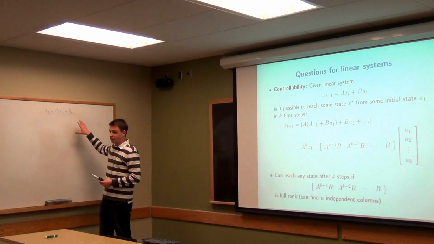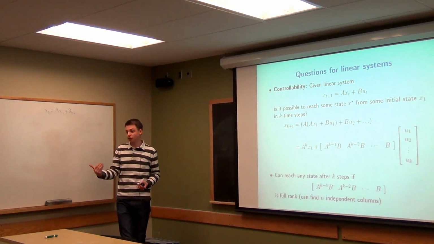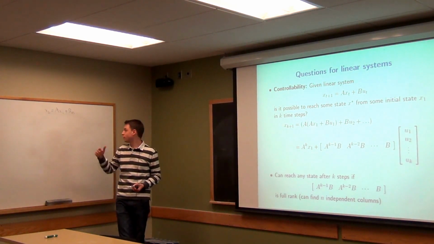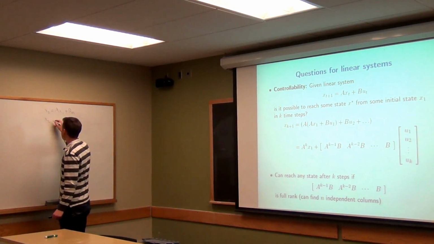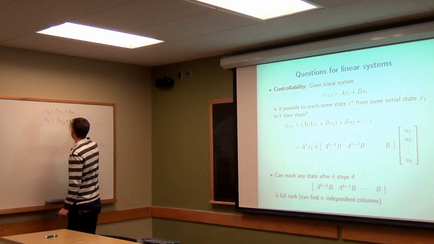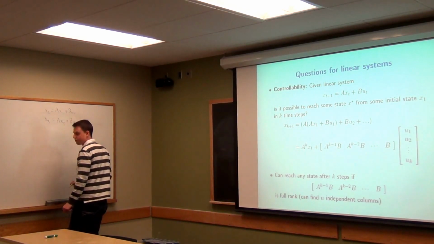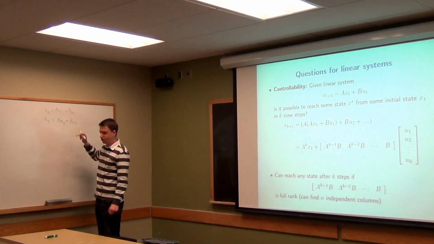Now let's keep writing this though, because we don't have just one time step. We actually have k different time steps. We can pick k different control actions, right? u1 to uk. So x3 equals, again, just by definition, a x2 plus b u2. But we know what x2 equals. We'll just plug in our expression here.